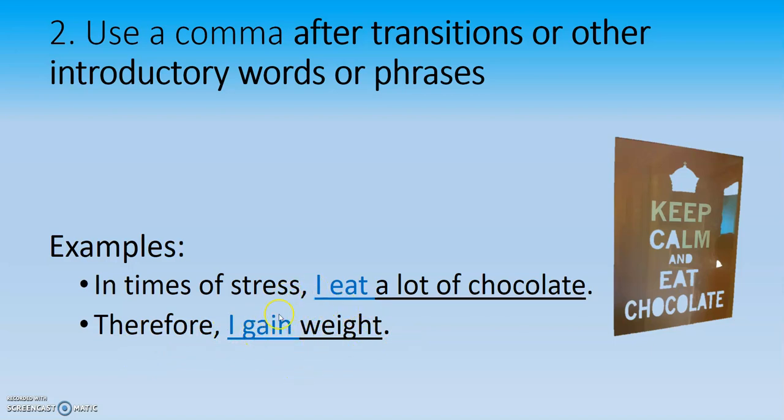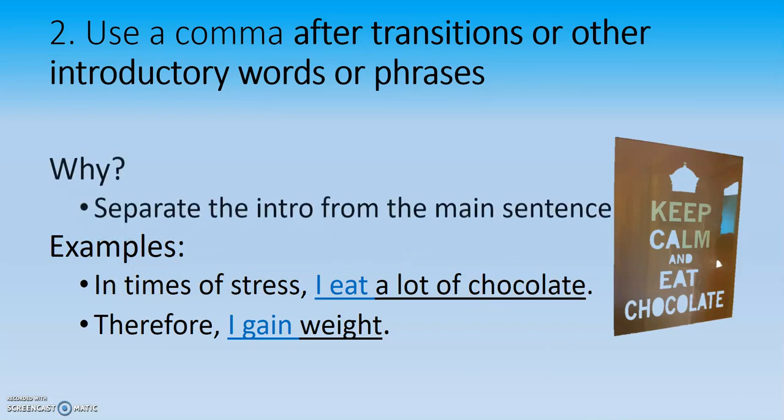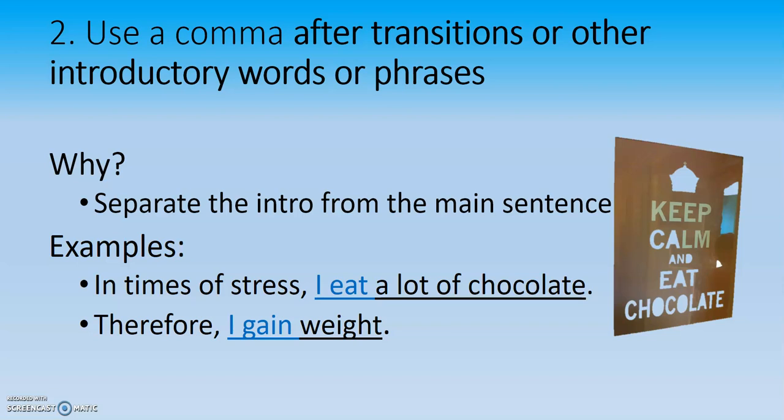And you can see here I've highlighted the subject and the verb, and this is the indicator. Here is the actual sentence. What comes before it is just an introductory phrase, a transitional element. It's just a piece of extra information. And you want to separate that extra information in the introduction from the main sentence. And you use a comma to do that.